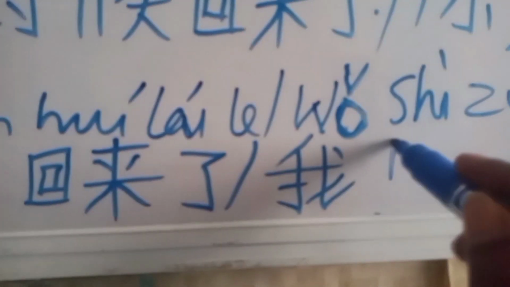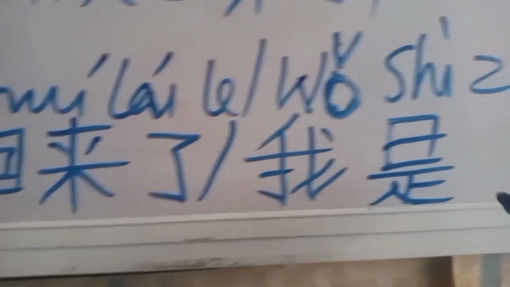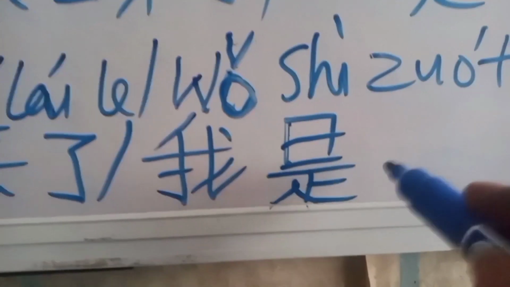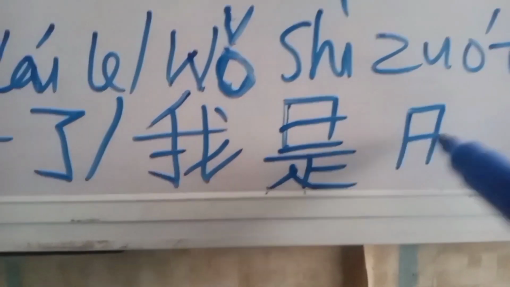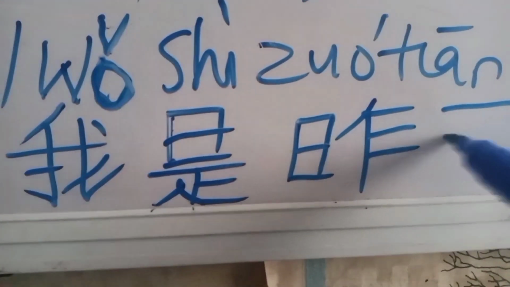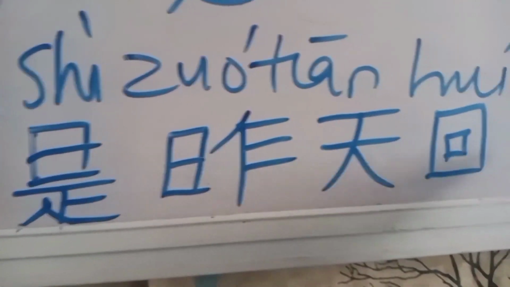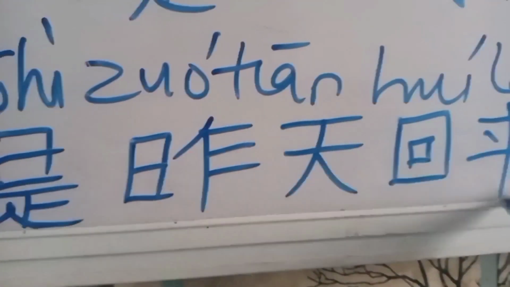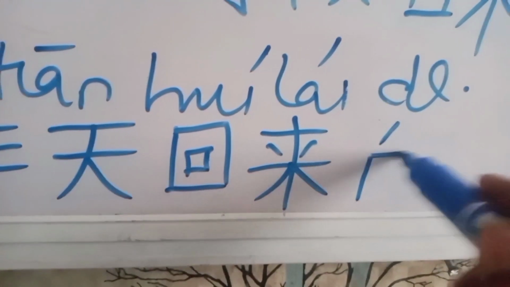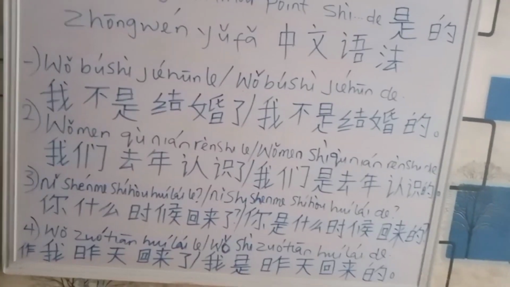是. Remember I said you can remove 是 if it is a positive sentence or question. You can omit it. 我是昨天回的。Give me 3 sentences.